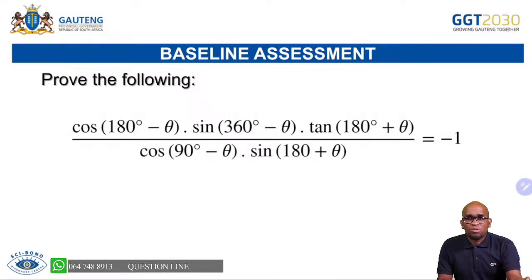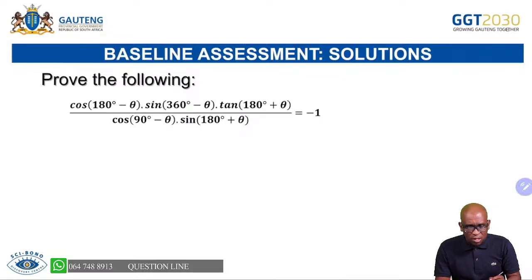Right, let's look at the solution set for this baseline assessment. If you look at this, it is an identity that infuses the reduction formulae as well as the co-function. So let's go through the solution set for that. Right.